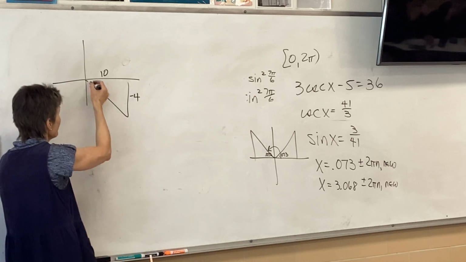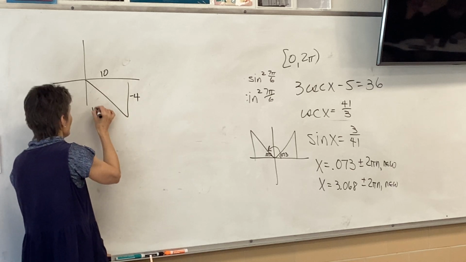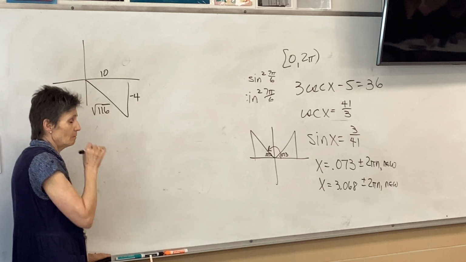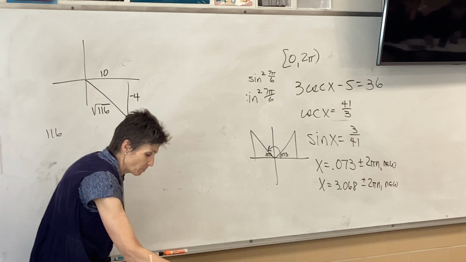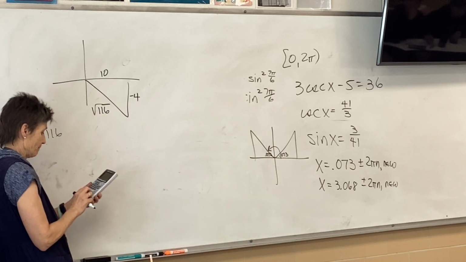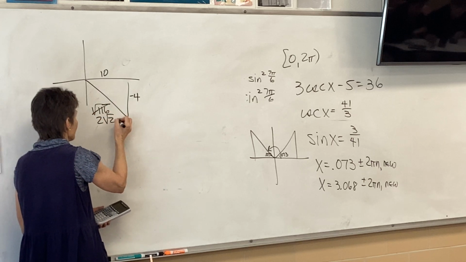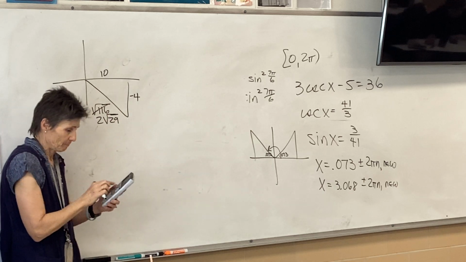So what's R? Square root of 116, right? Which might break down, so I'm gonna go ahead and see if it breaks down. I know it's not a perfect square, but 2 root 29. I don't know if we need to do that or not, we'll just do it. We have time.